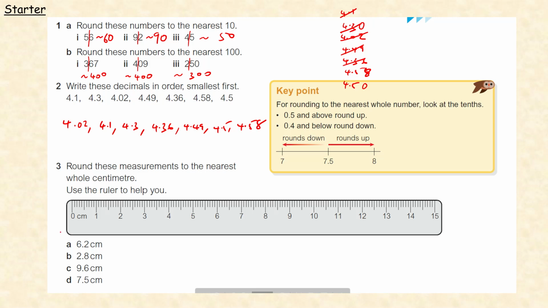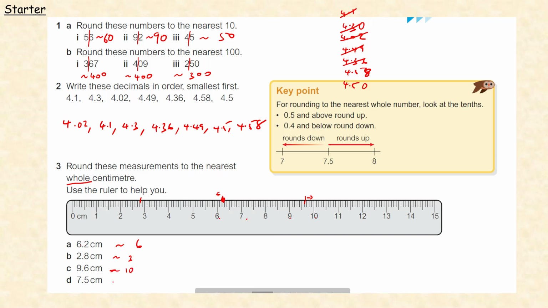Okay. And question 3, using the centimeter ruler will help with these questions. So the nearest whole centimeter, 6.2, so that's between 6 and 7. 6.2 is here, and you can see that's closer to 6, so that's going to be approximately 6. 2.8, between 2 and 3, 2.8 is there, and that's closer to 3, so approximately 3. 9.6, between 9 and 10, it's there, so that's closer to 10, so that's going to be approximately 10.